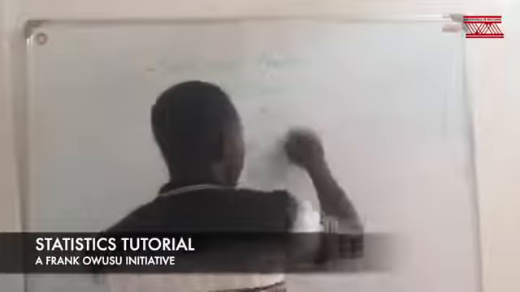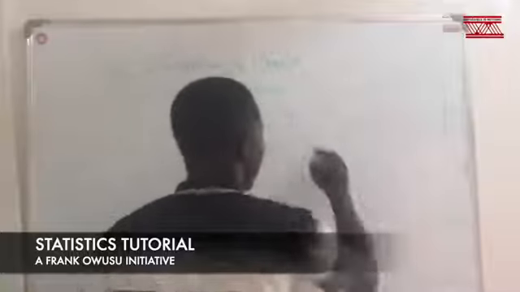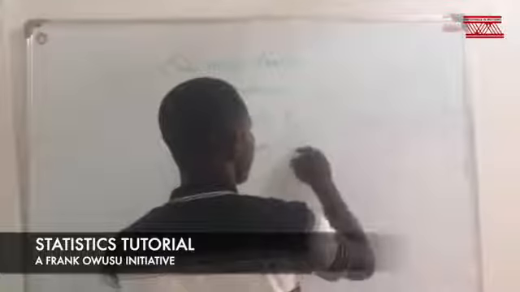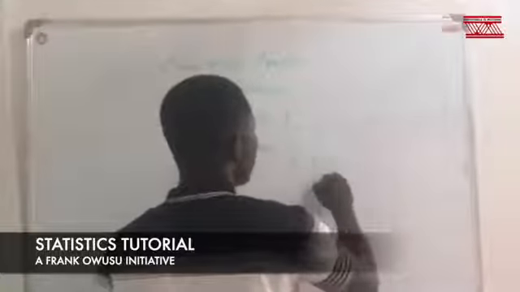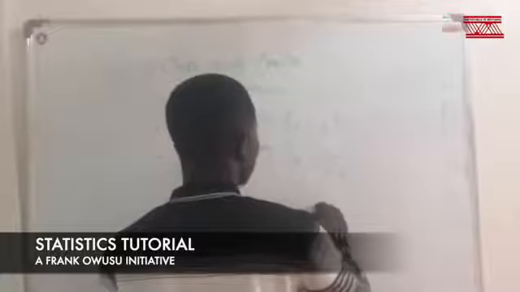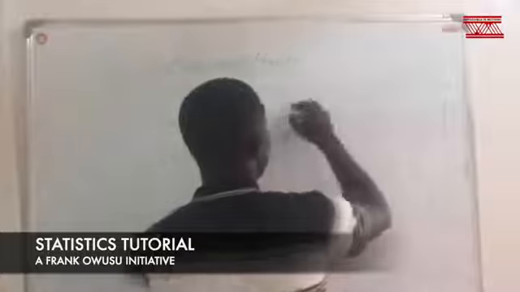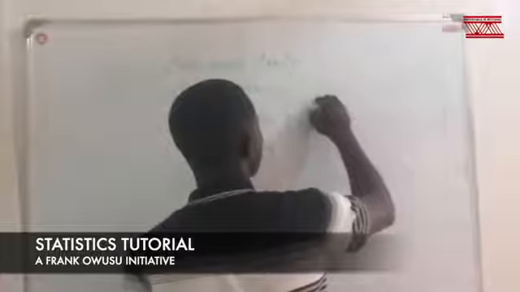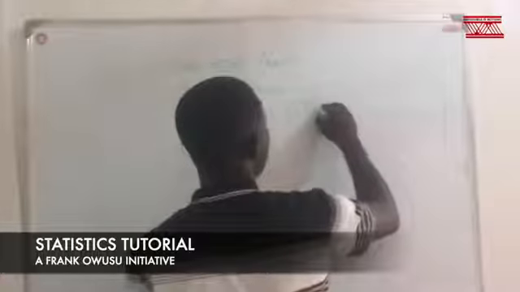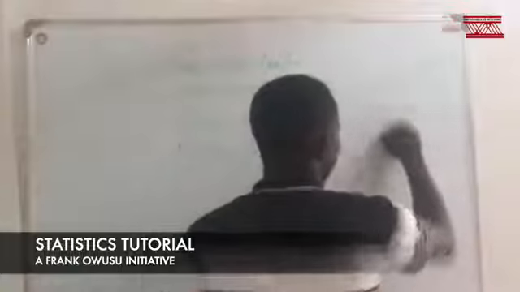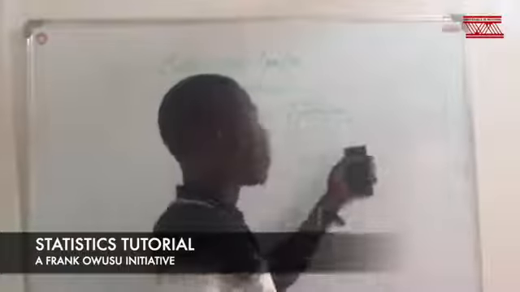So assuming we have our class intervals like 1 to 5, 6 to 10, 11 to 15, 16 to 20. This is the class interval. We have our frequency here.